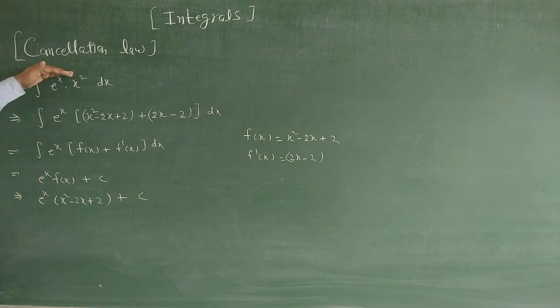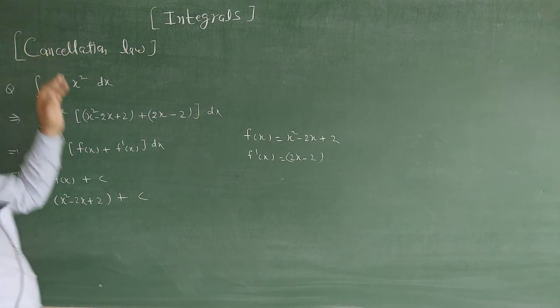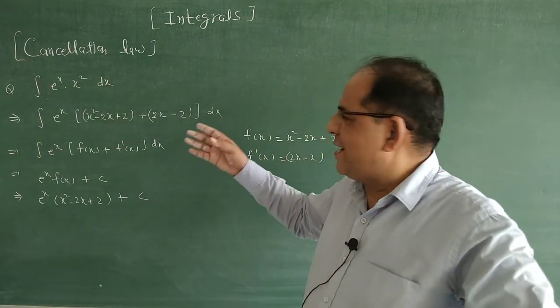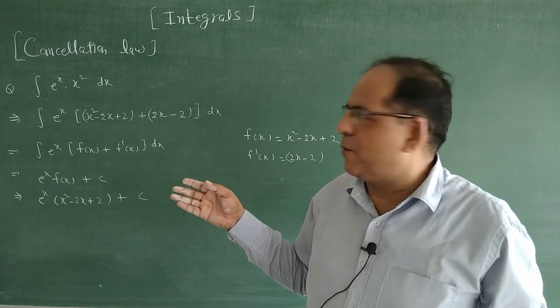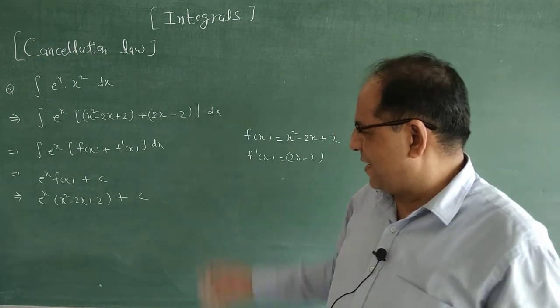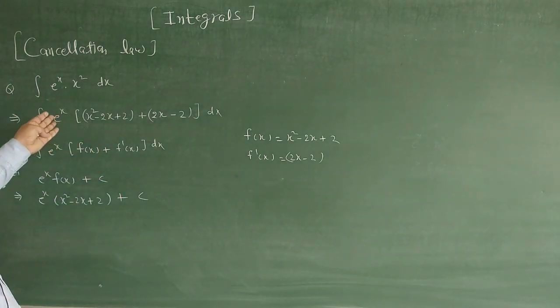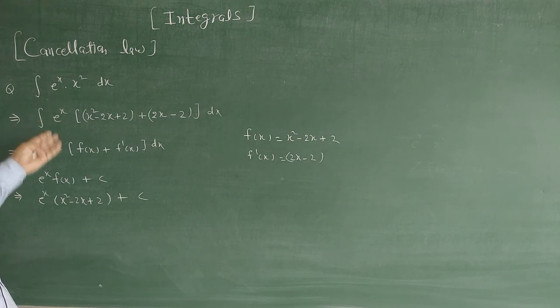So we can solve all questions in which e to the power x is coming as a multiple in this format. You can apply the cancellation law, and this way of solving helps manage the length of the question and the timing of the question. Okay, thank you.